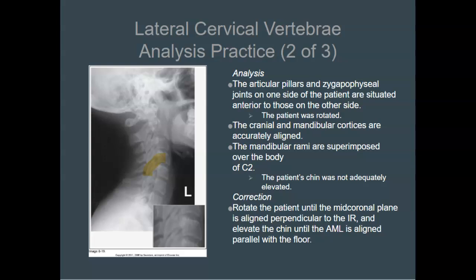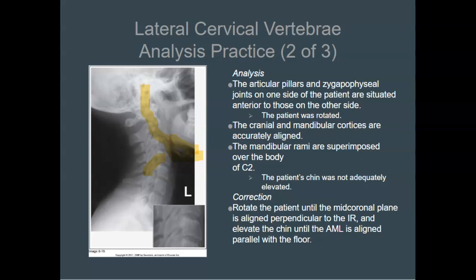You can also look at the mandibular processes as well, or rami, sorry. In this case, we really do need to look at the position because they are superimposing the cervical body, C1, C2. My highlighting is not going very well here today.